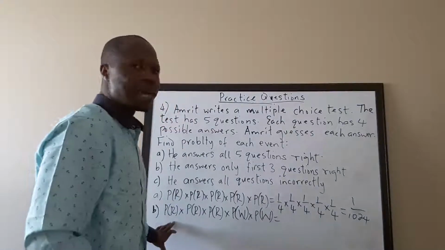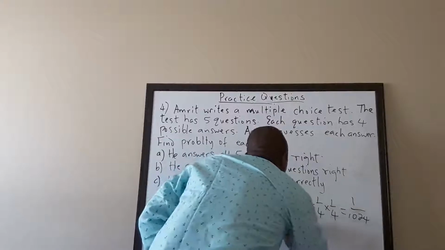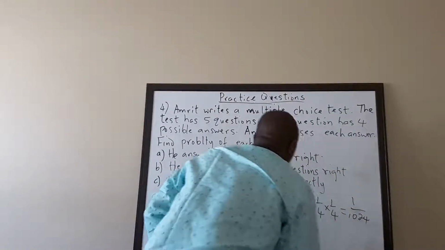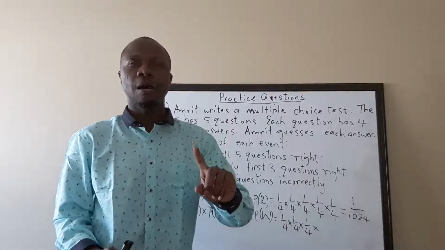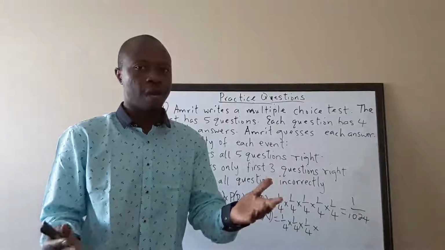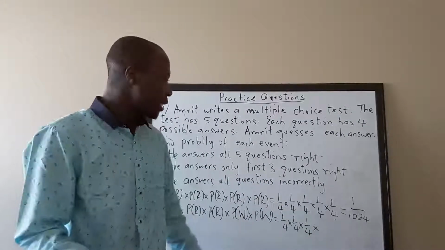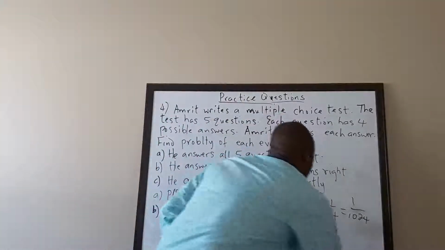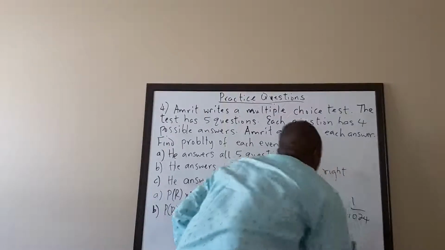Now whenever they're right, it's 1 chance in 4. So 1 over 4, 3 times. Now, for them to be wrong, if 1 option is correct out of 4 options, that means 3 options are wrong. So the probability that an option is wrong is 3 out of 4. So 3 over 4 times 3 over 4.